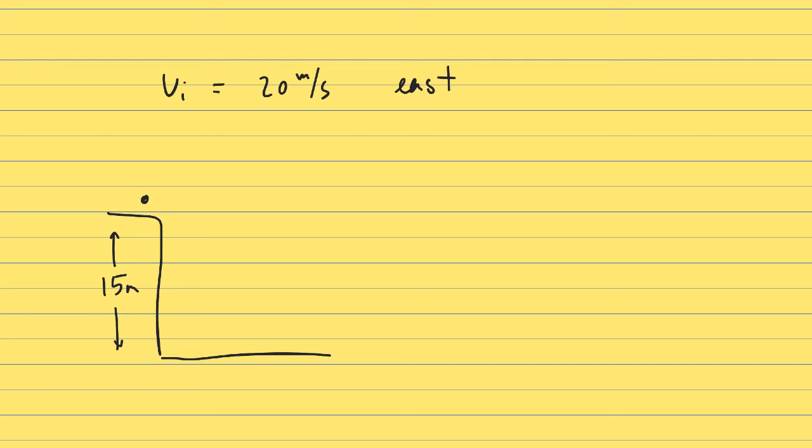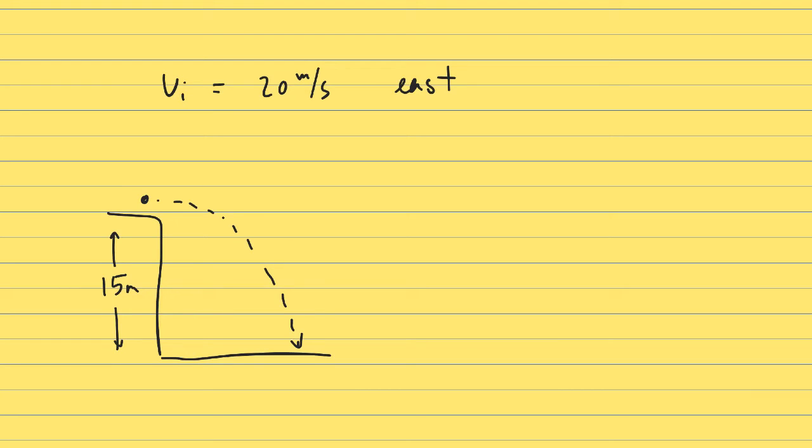And our question is going to be, let's say, find the impact speed, or I don't want to pick a time arbitrarily. Let's find the impact speed when this object hits the ground. Impact speed we're looking for is final.